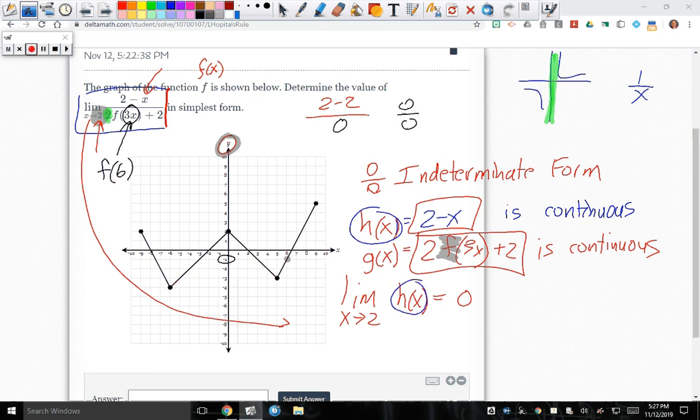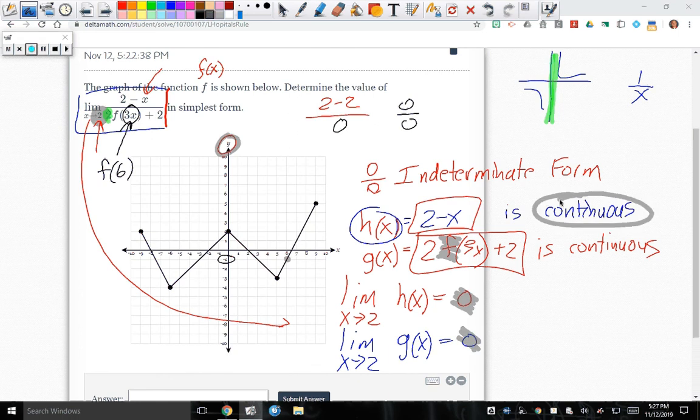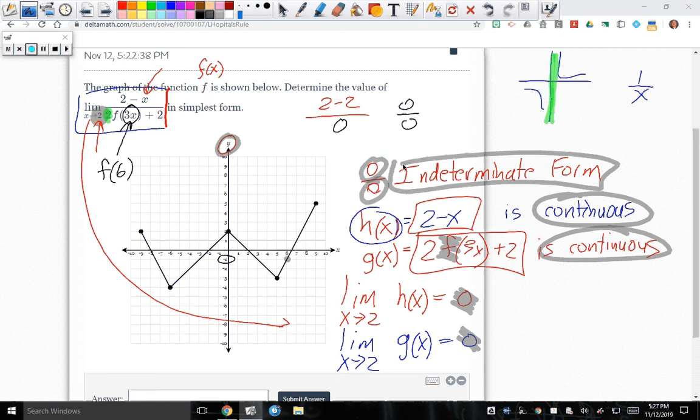Then the next one is the limit as x approaches 2 of this g of x is also equal to 0. I know it's a lot of annoying work, but all we really verified were that we have 2 continuous functions on top of each other that have a 0 over 0 indeterminate form. And now we're going to keep going using L'Hopital's rule.